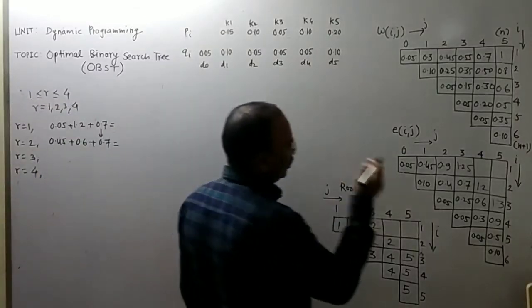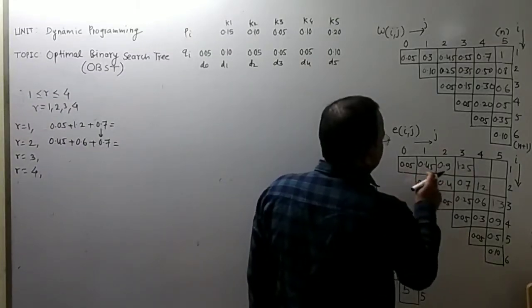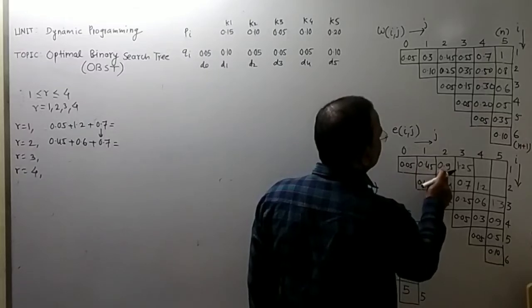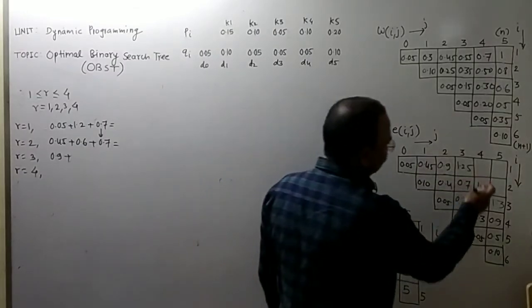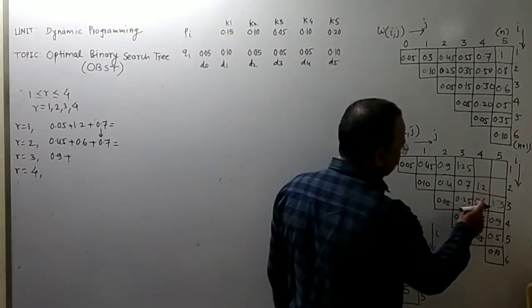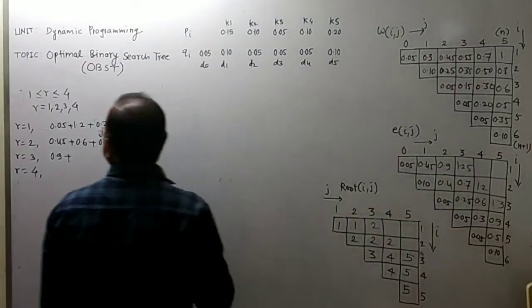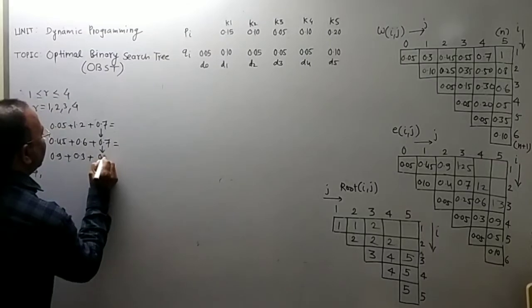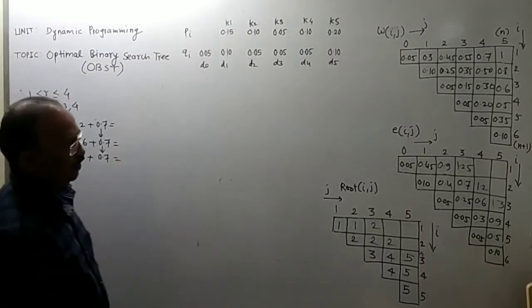Then r is equal to 3. We have considered these two values. Now consider 0.9. On the downside we have considered these two values. Now consider 0.3 plus 0.7 is equal to.